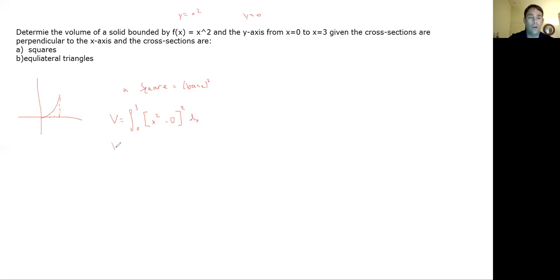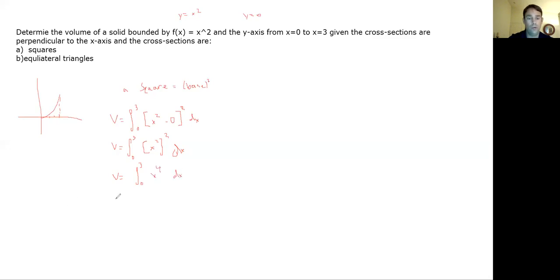So if I'm dealing with the volume here, we're going from 0 to 3, and we have x squared squared. So that means my volume is going to be the integral from 0 to 3 of x to the 4th dx.